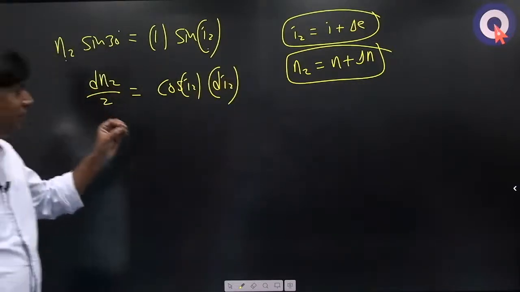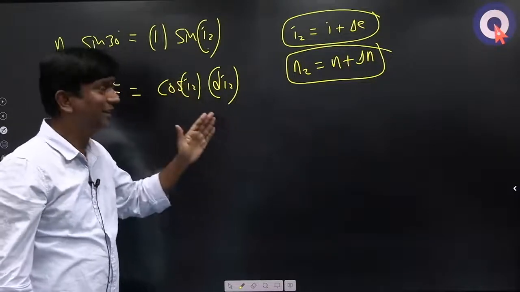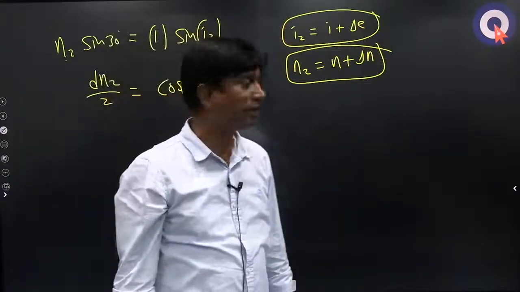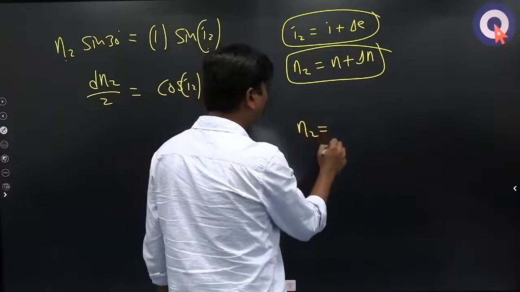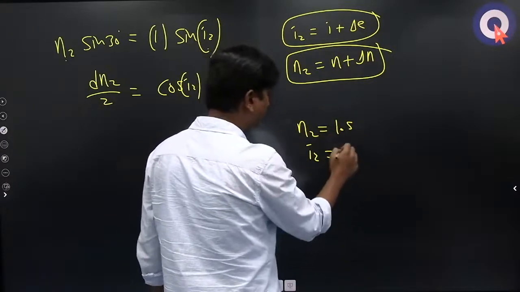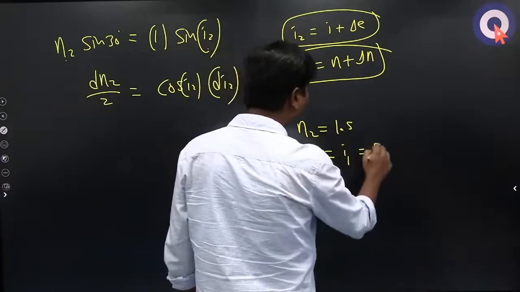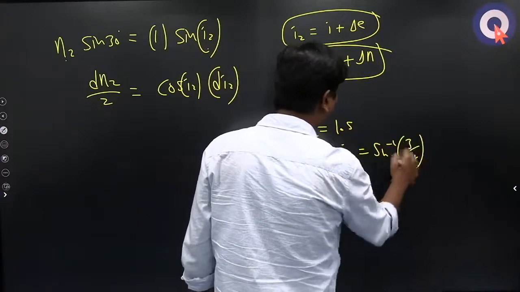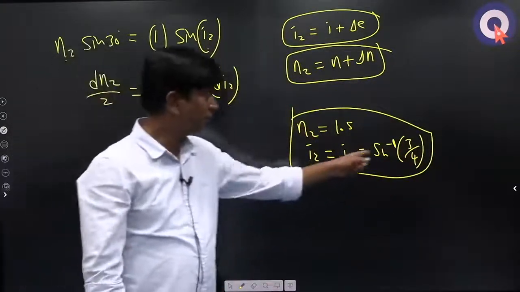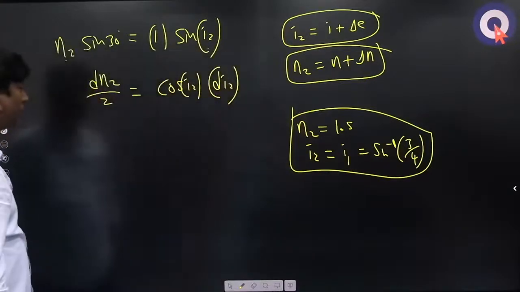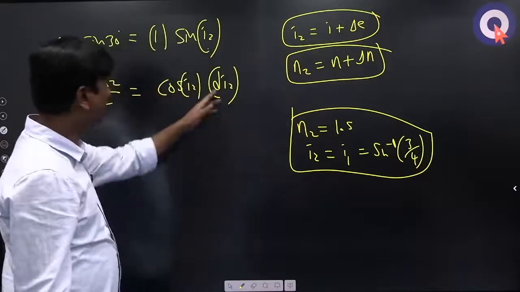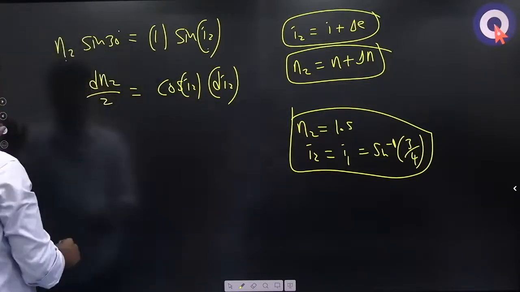At the instant when N2 and N1 are both equal to 1.5, that time I2 is exactly I1, which is sine inverse of 3 by 4, because I1 you already got as sine inverse of 3 by 4. When N2 is 1.5, I1 and I2 are both equal to sine inverse of 3 by 4, right? So there is a change in I2. The change in I2 is there because of the change in N2. So what is the change in N2?